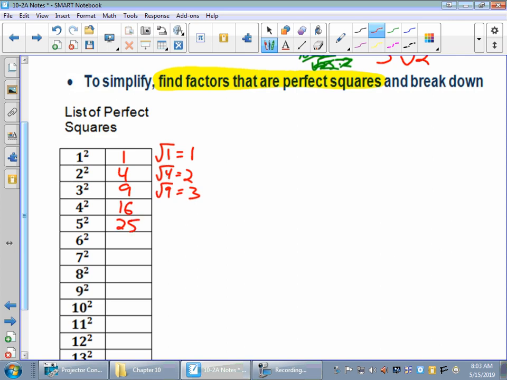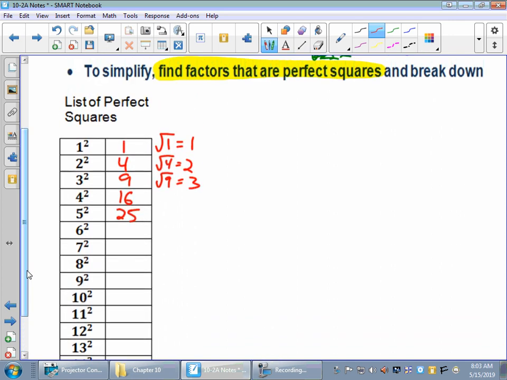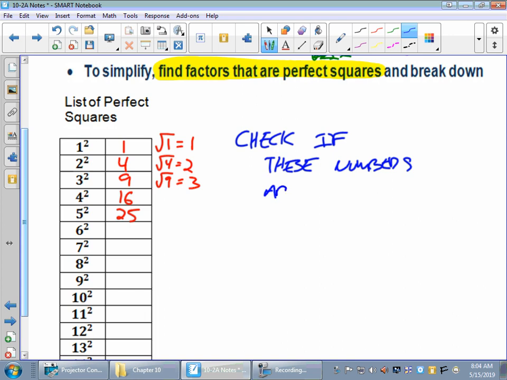Now I want you to fill those out all the way down to 15 would be good. That'll help you as we go through these problems, because we're going to want to do something with these. When you're working through these problems, you're going to have to check to see if these numbers are factors.